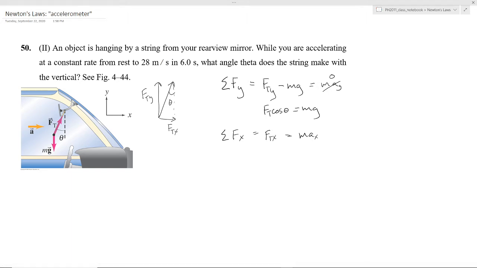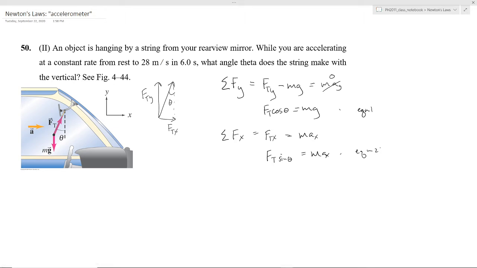So this will be the sine piece, FT sine theta, going to equal the mass times the acceleration. Now notice we have two expressions, two unknowns. We're looking for a relationship between the angle and the acceleration.